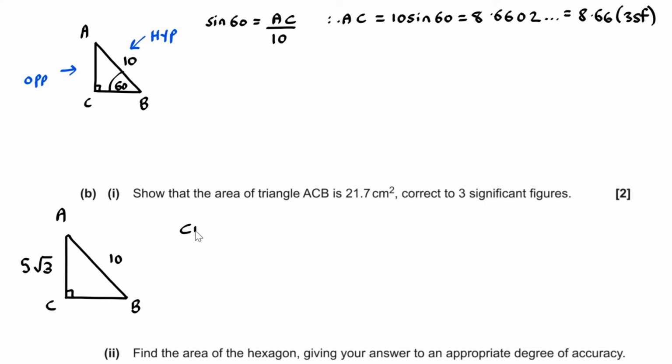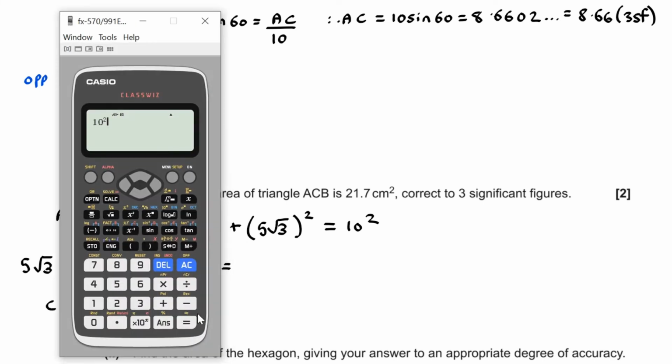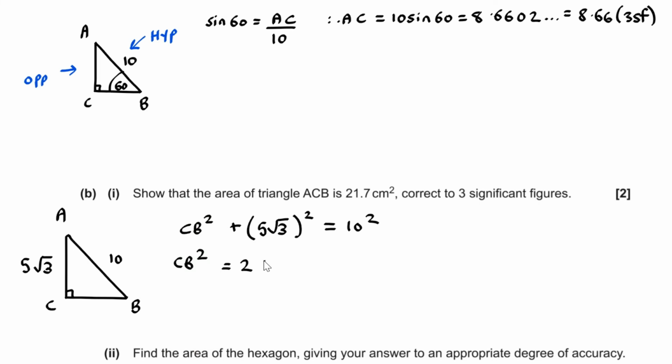So we've got CB squared plus AC squared, which is 5 root 3 squared, equal to 10 squared. So we can find out what CB squared is equal to. That's equal to 10 squared, take away 5 root 3 squared, which is 25. And therefore CB is equal to the square root of 25, which is 5. So we've got 5 here.